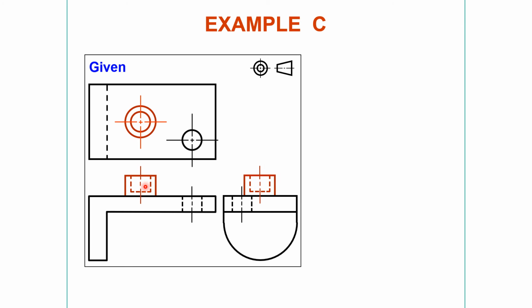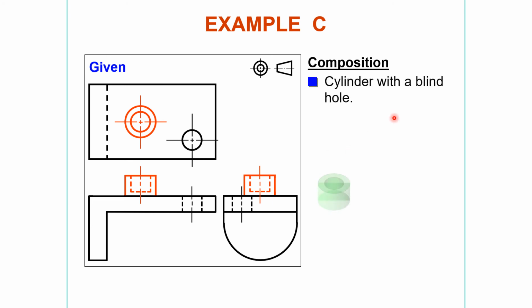So let's draw the primitives one by one. First of all, this upper one. That is a cylindrical shape, and there is a hole that does not go up to the surface. A cylinder with a blind hole means we cannot see through the hole, because there is a solid geometry underneath, so that's why it is a cylinder with a blind hole.